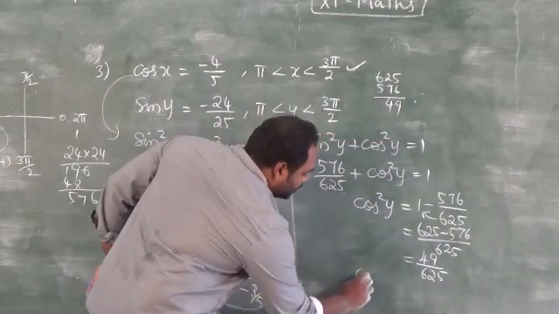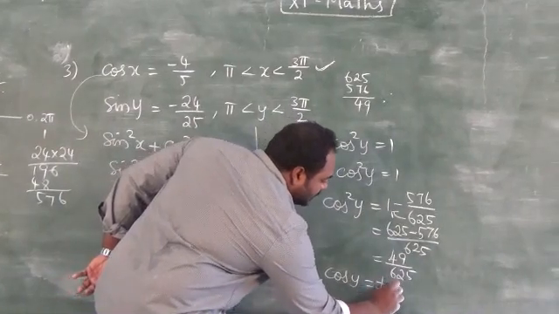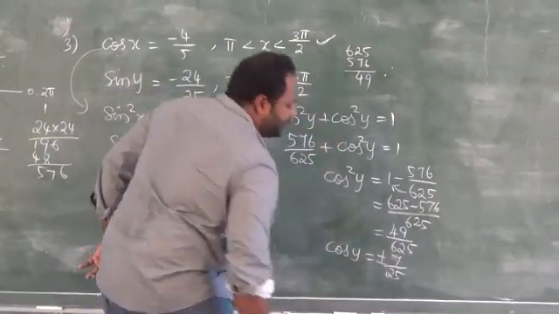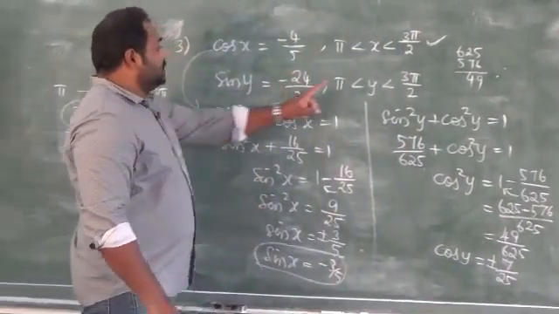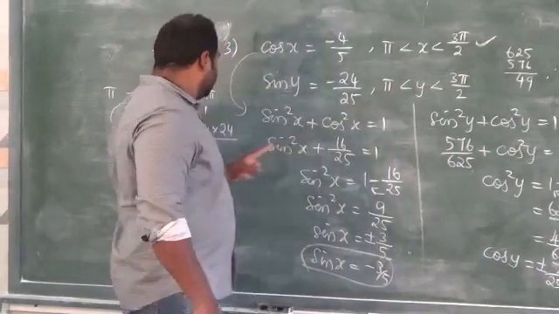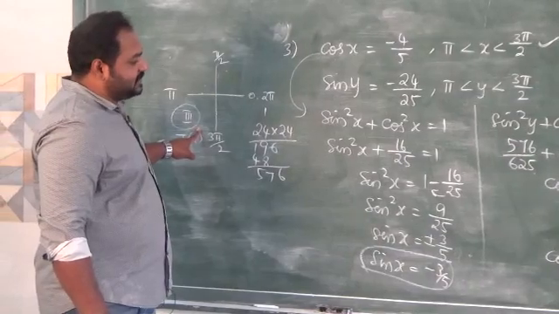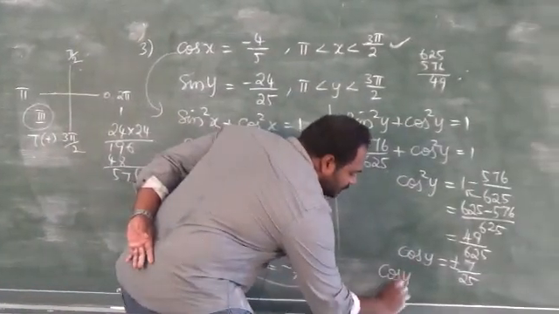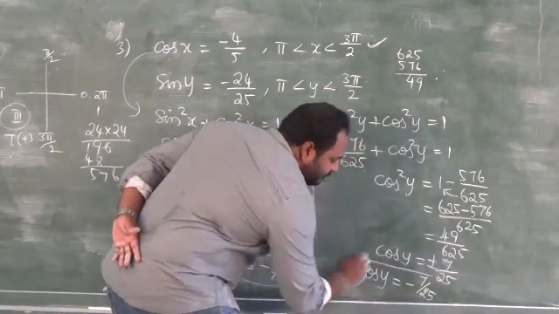So here cos y equals plus or minus 7 by 25. Let me check the sign here. It is also in the third quadrant, pi to 3 pi by 2. In the third quadrant, the cos function is also negative. So cos y equals minus 7 by 25.